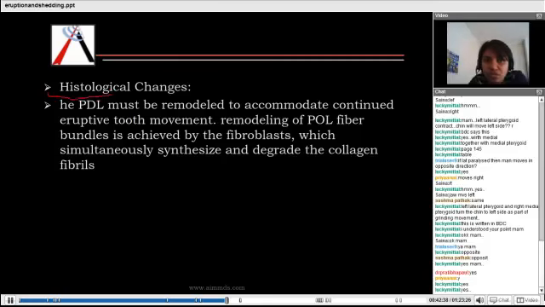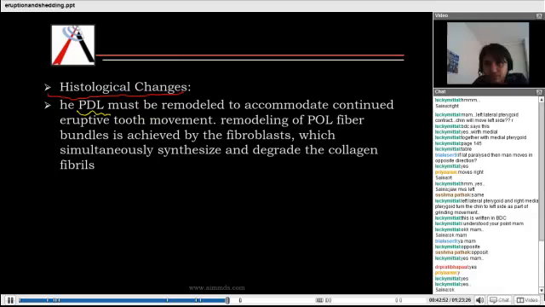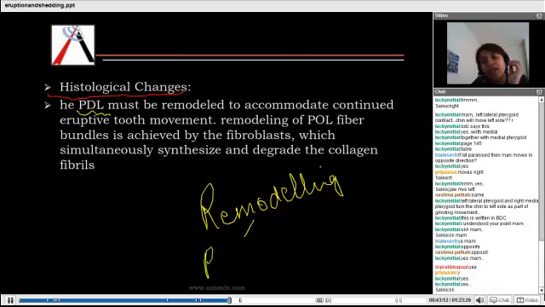Now, when we talk about the histological changes in the eruptive phase, there is PDL remodeling taking place. Remodeling means there is resorption and there is deposition.